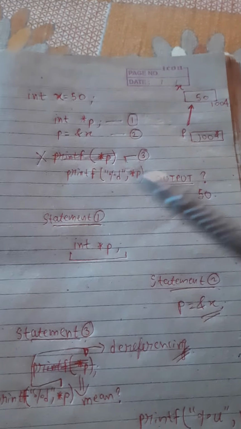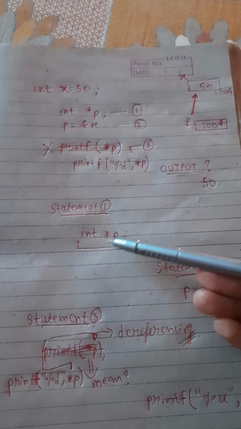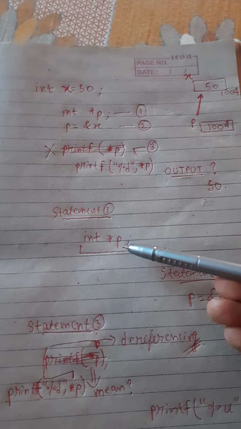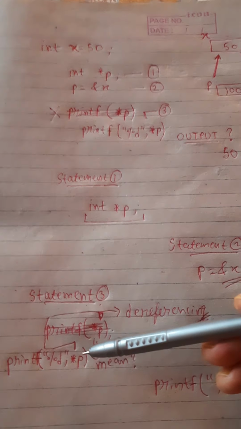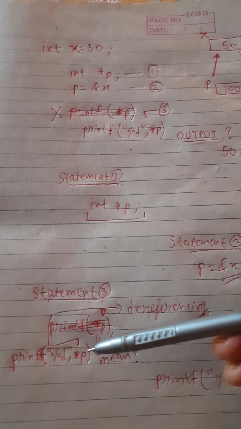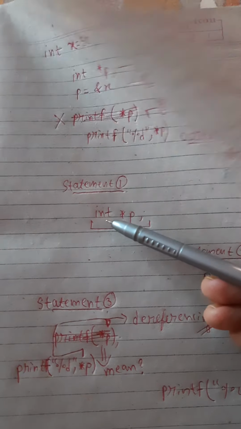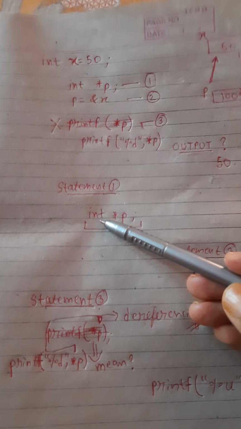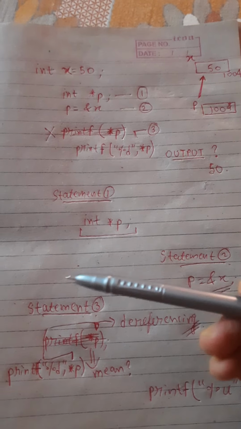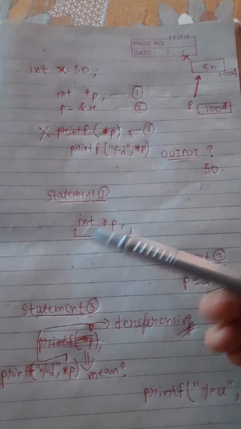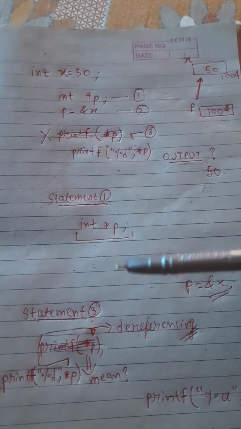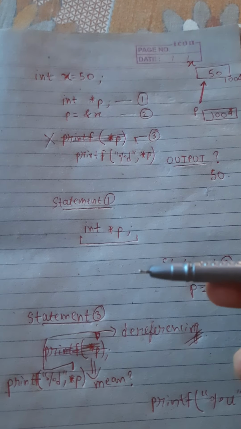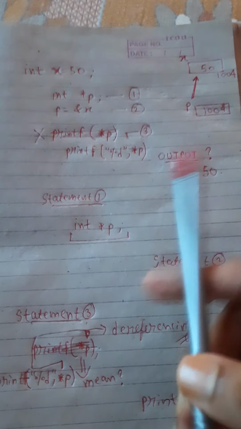People generally tend to confuse here that int star p again has star p. So what does this basically mean? Whenever you see a data type in front, that is basically a declaration statement. That has nothing to do with dereferencing; that is just telling the compiler what kind of variable I am creating and what will be its data type.